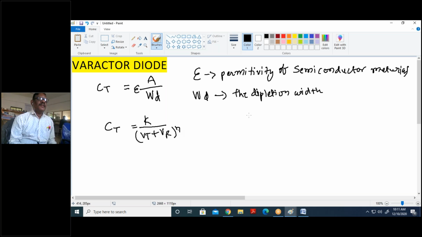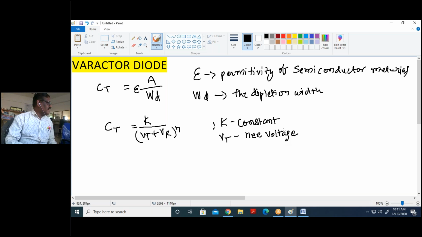Here K is a constant, and VT means knee potential, nothing but knee voltage.